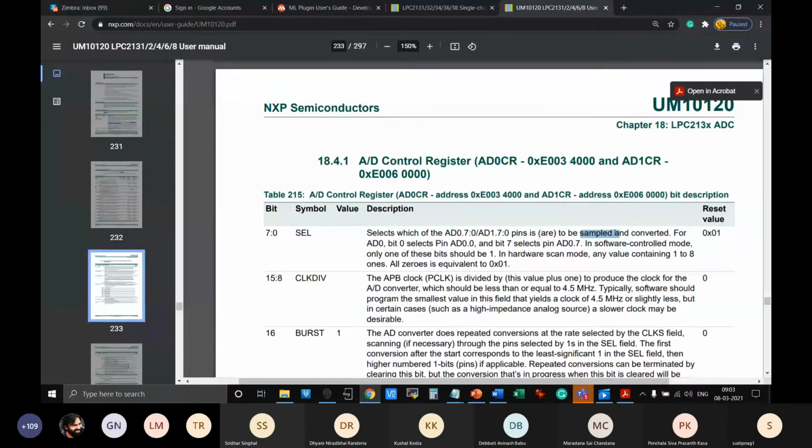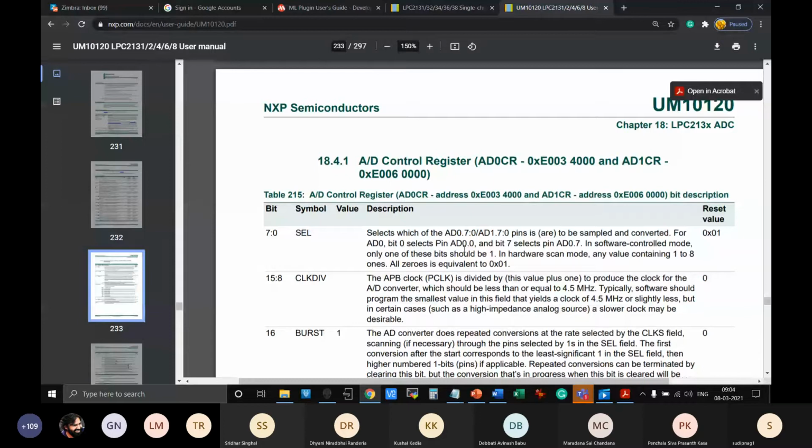So it collects the sample voltage and stores it until the conversion is done. Every input is associated with a sampling capacitor, and that sampling capacitor should be enabled using these select lines. If you enable it, that particular channel will be ready for conversion. That is one part of making an ADC ready before its conversion.